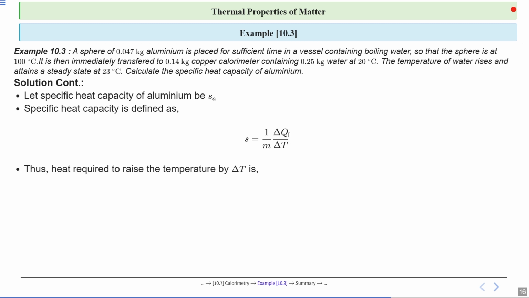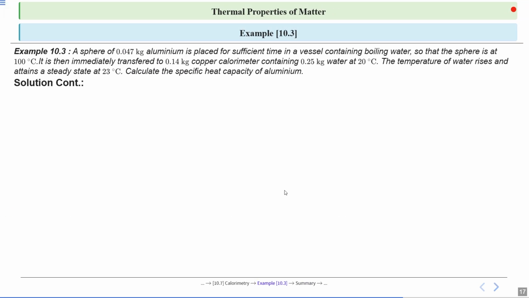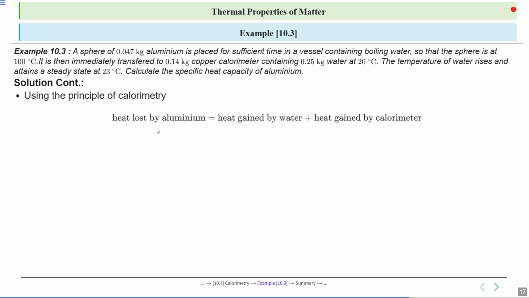So we can say the heat required to raise the temperature by delta T is delta Q equal to m s delta T. So just put in the values of m, s and delta T. So, using the principle of calorimetry, heat lost by aluminum is equal to heat gained by water plus heat gained by the calorimeter. This is the principle of calorimetry.